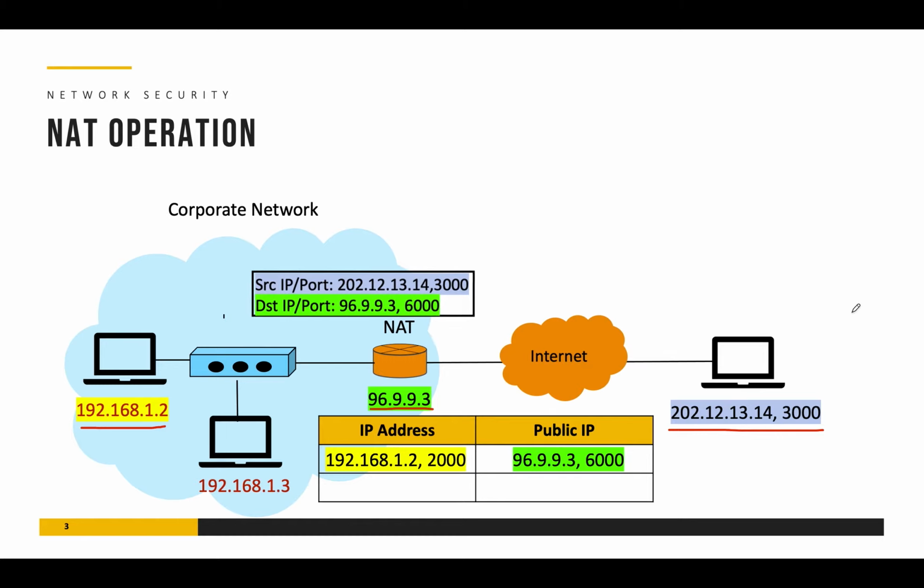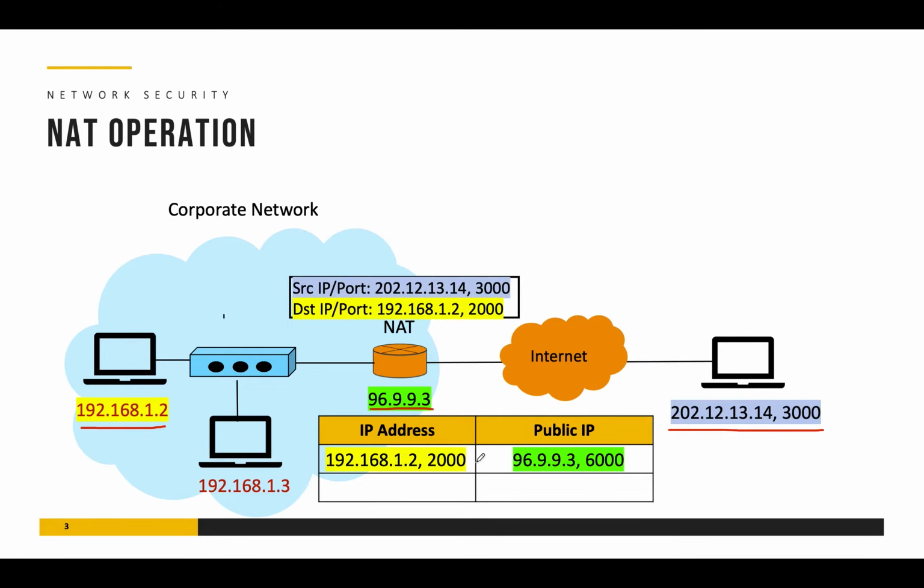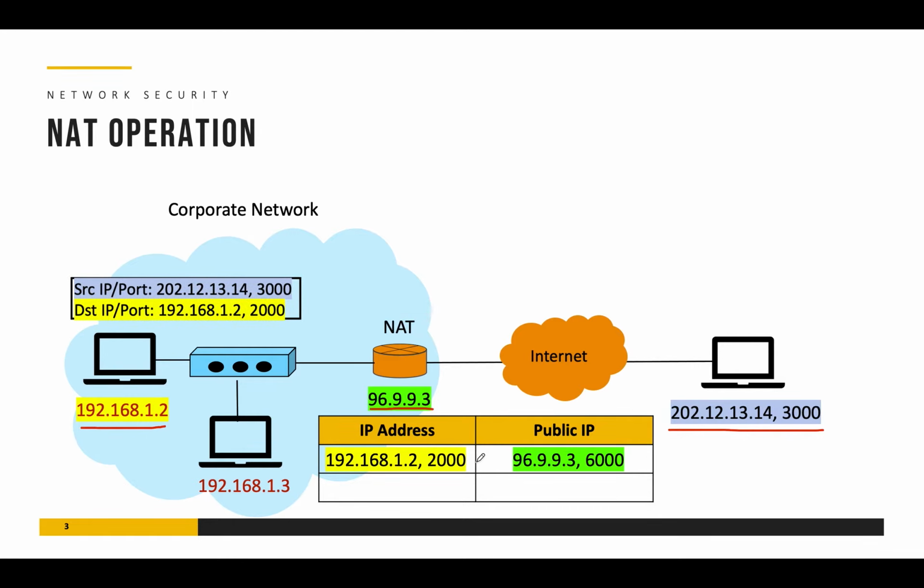When the packet arrives at the NAT router, it simply checks which private IP address it replaced with its public IP address and port 6000. And then it sees that it's 192.168.1.2 and port 2000. It simply replaces this, creates a new packet, and sends it to the internal system.